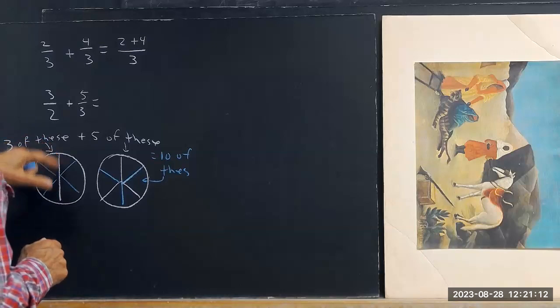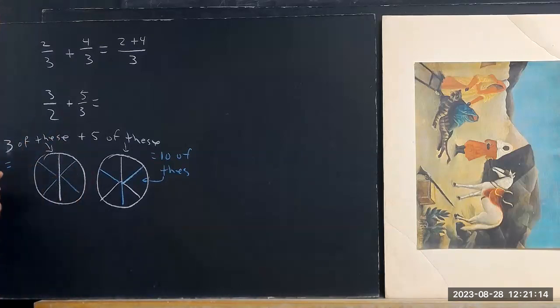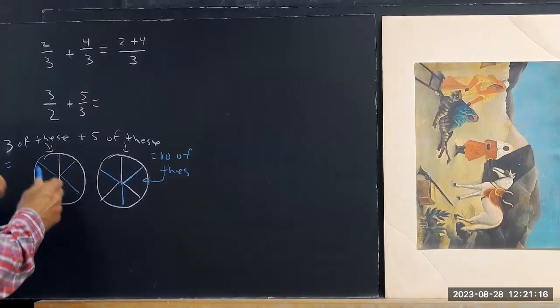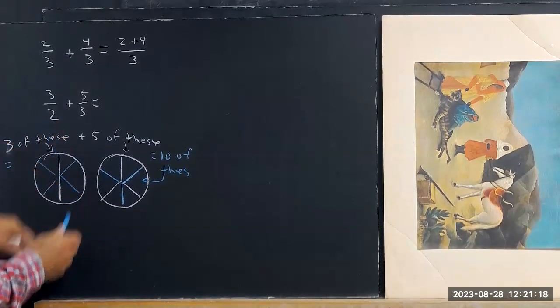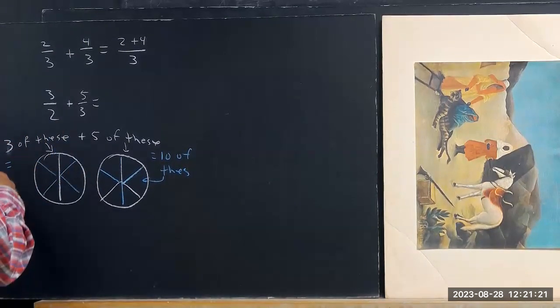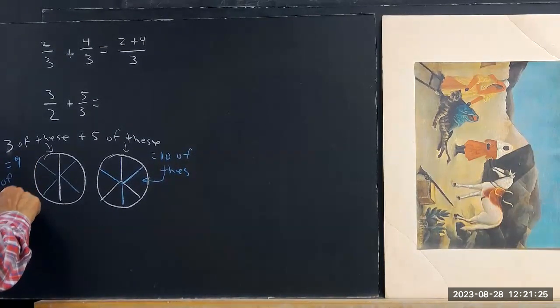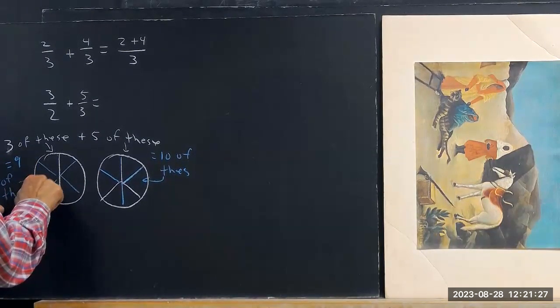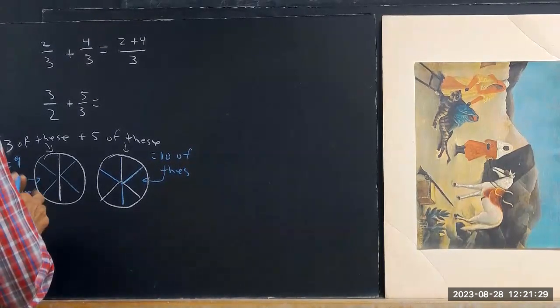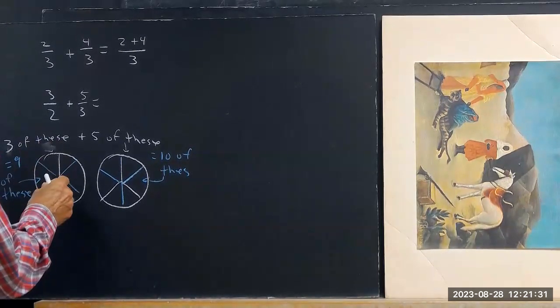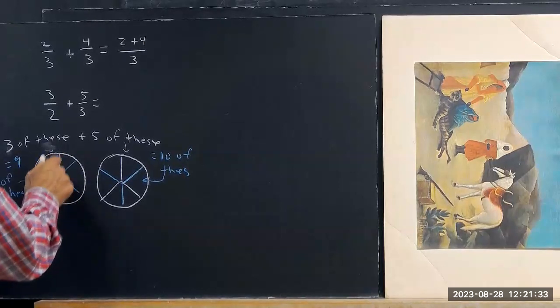So 3 of the halves will equal 9 of the sixths, because I got a half, get from another piece, I got another half, so that'd be 9 of these.